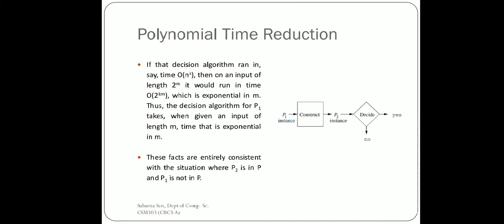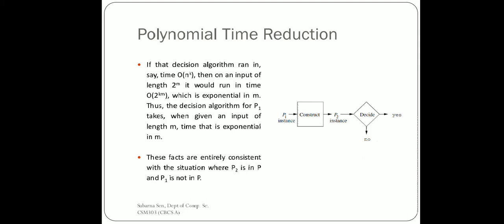So if it is having an input of 2 to the power m, the total decision time will be 2 to the power km. If we multiply this, my n factor will be abolished, since 2 to the power m is a higher power. That's why we can write the complexity as order of 2 to the power km, right?